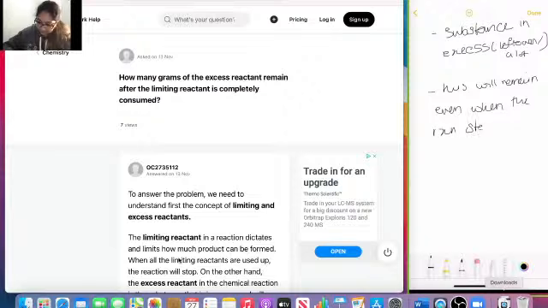This will still remain even if the reaction stops, and all the limiting reactants are used up.